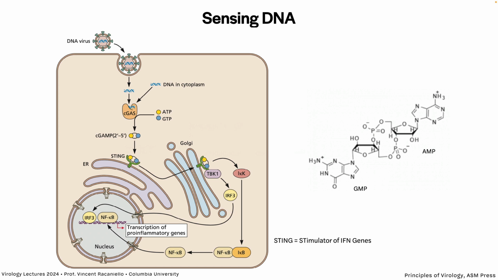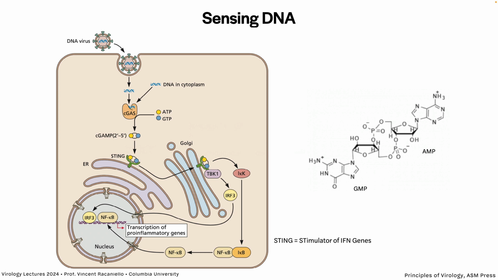This stands for cyclic GA synthase. So it takes a molecule of ATP and a molecule of GTP and makes a cyclic version of them, cyclic GAMP, and that's shown here on the right. That molecule is made when cGAS senses double-stranded DNA in the cytoplasm.